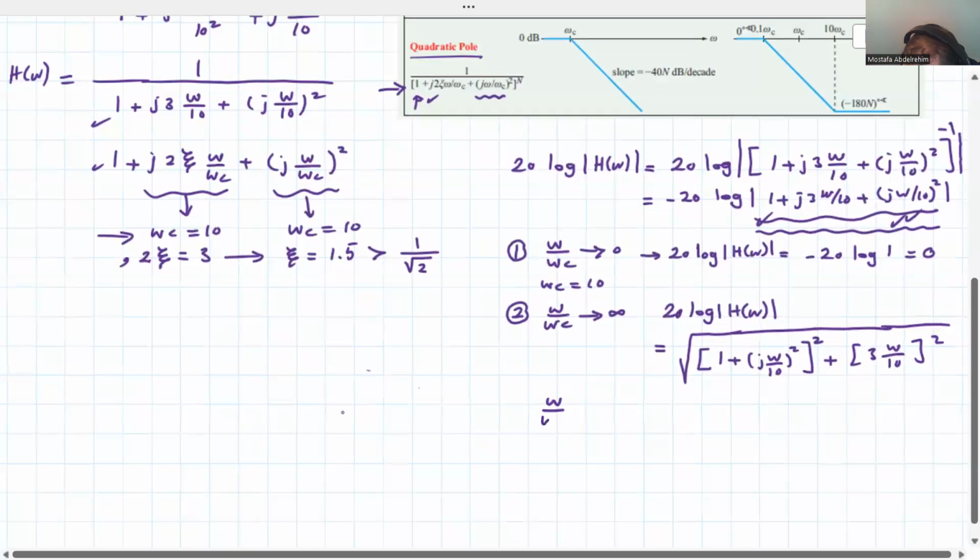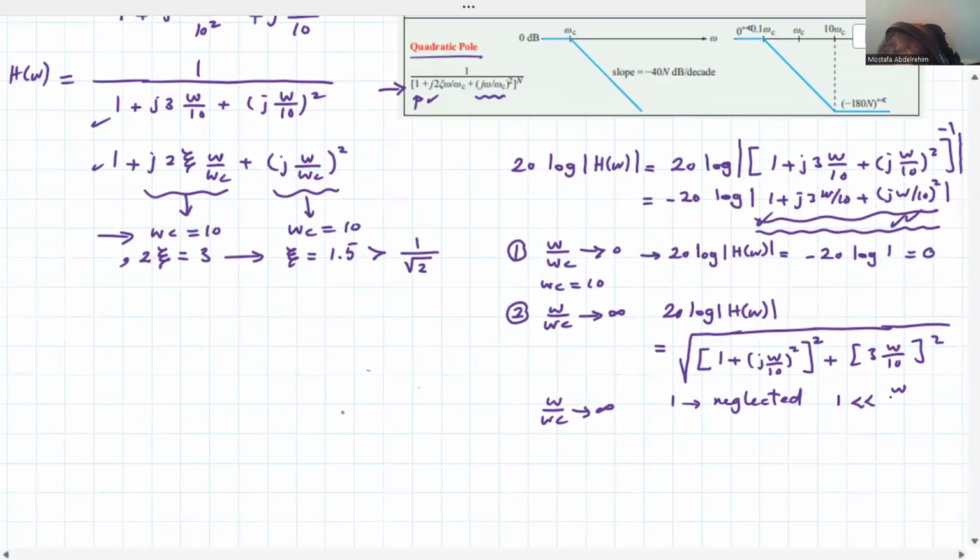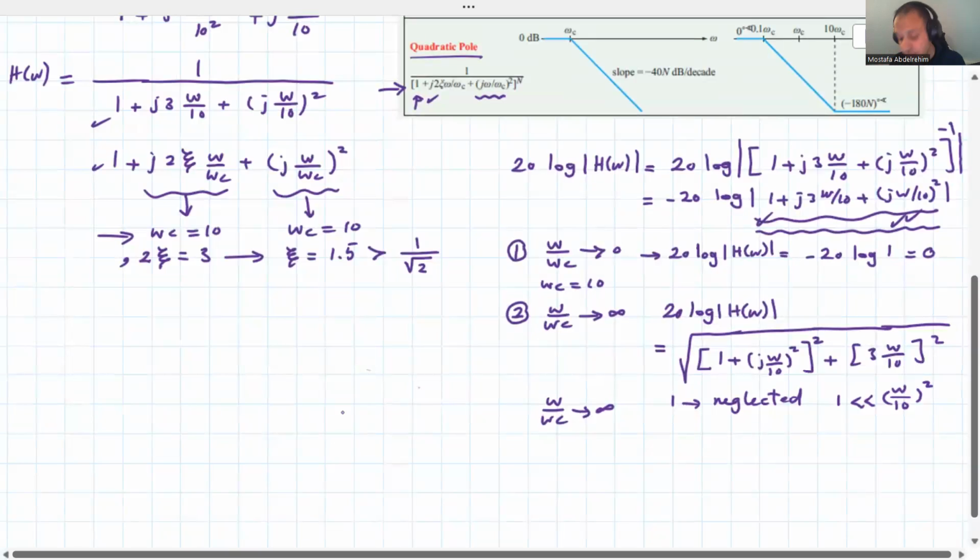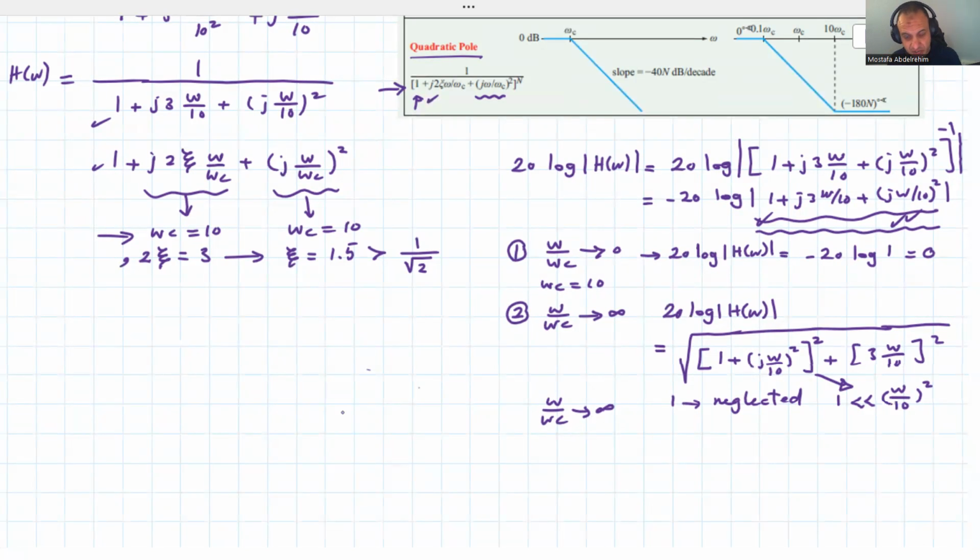When omega over omega c tends to infinity, of course we're going to neglect the 1, because 1 will be much less than omega over 10 here. And we also have another observation.